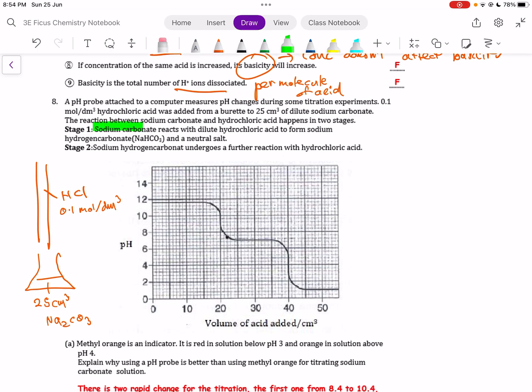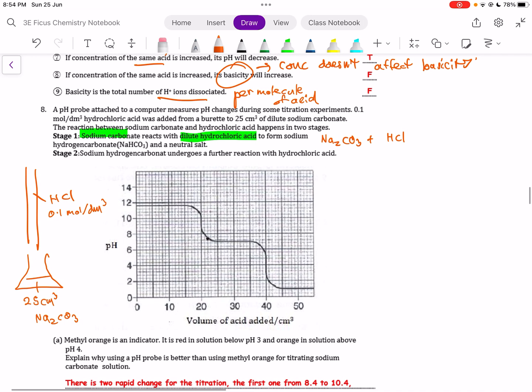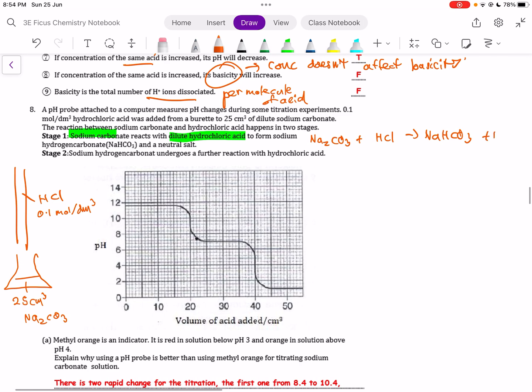Stage 1, sodium carbonate reacts with dilute hydrochloric acid, Na2CO3 plus HCl. It gives you a neutral salt and sodium hydrogen carbonate. Neutral salt should be NaCl in this case, because you need to balance the Na and the Cl.